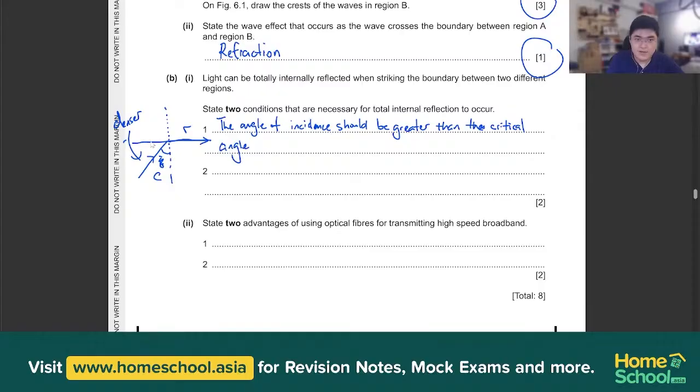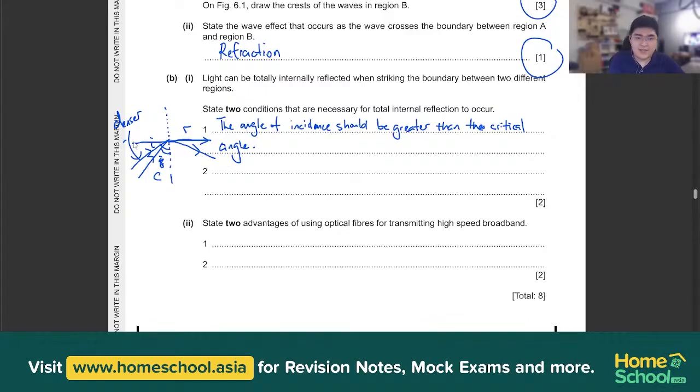So total internal reflection occurs like this. When this angle is bigger than your critical angle, it will undergo total internal reflection. Okay, next.